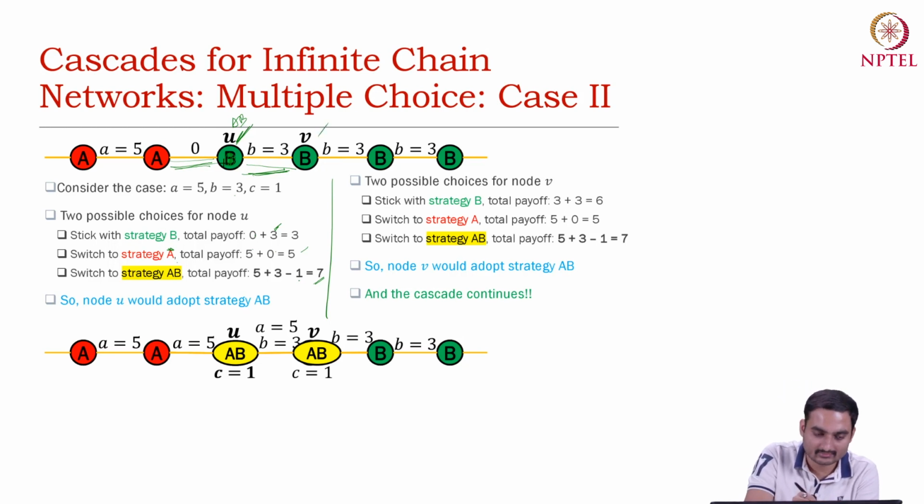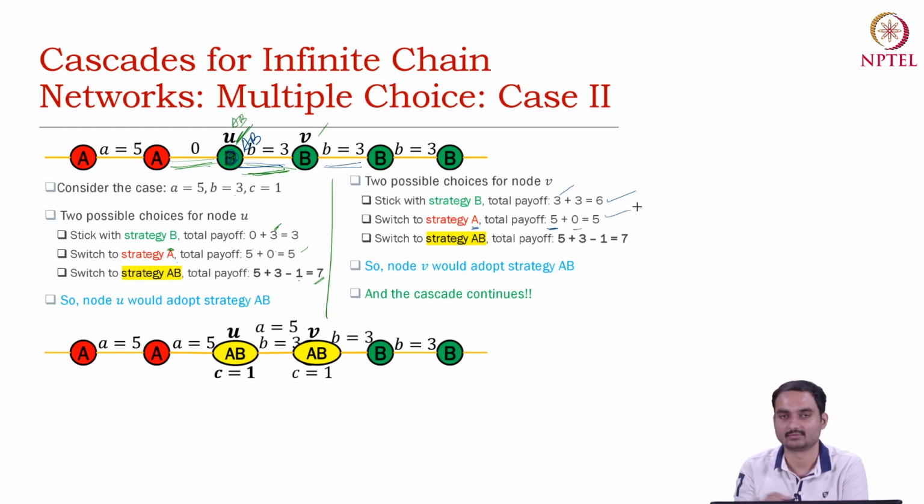Let's see what happens with V. Now remember, this is now AB. If node V chooses strategy B, due to this interaction it would get 3, due to this interaction 3, so 6. If it chooses A, due to this interaction it would get 5, due to this interaction it would get 0, so 5.